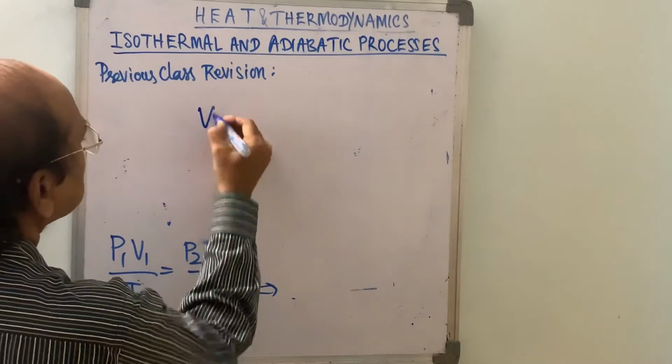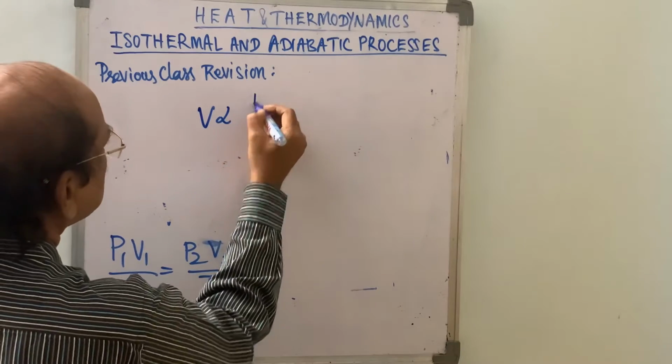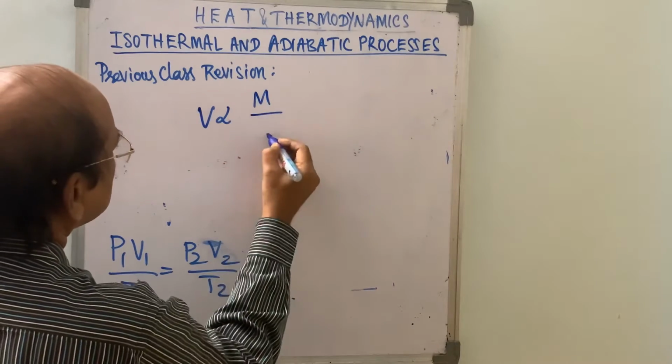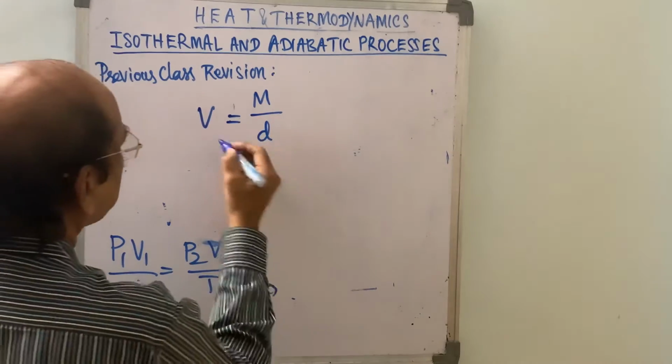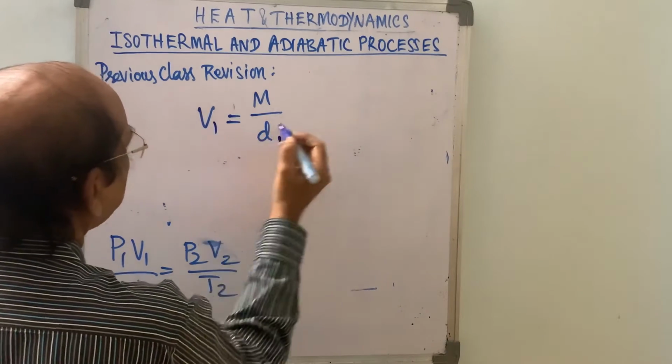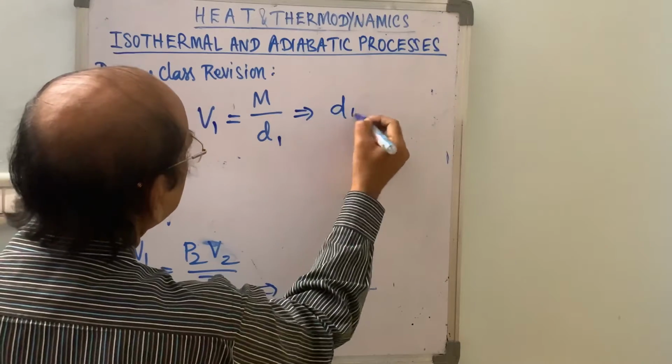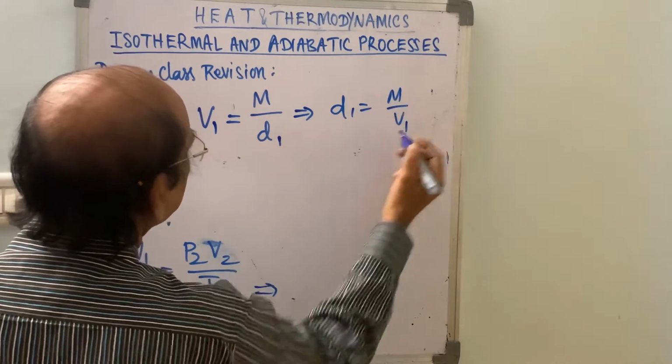Since volume is proportional to mass by density, at density d1 the volume is V1, then d1 is equal to m by V1.